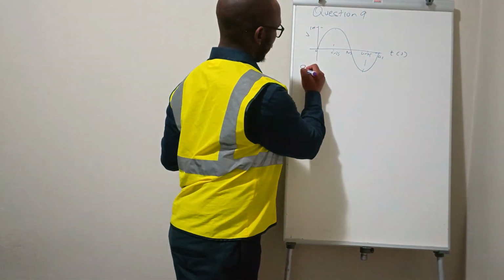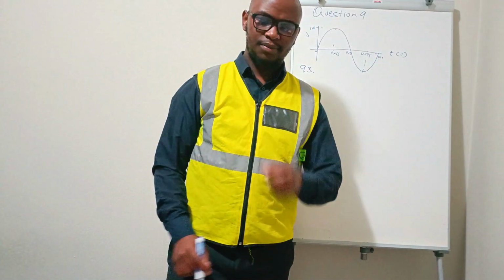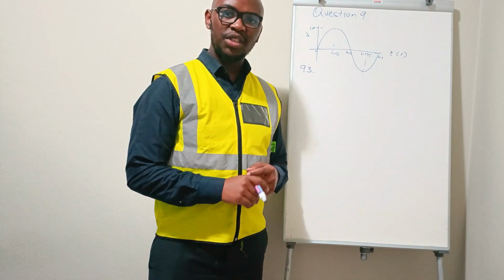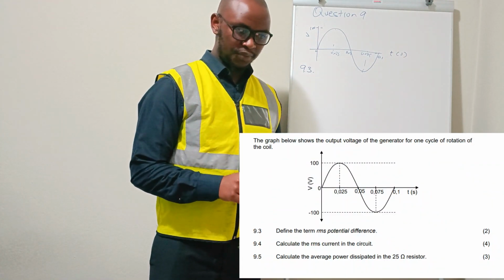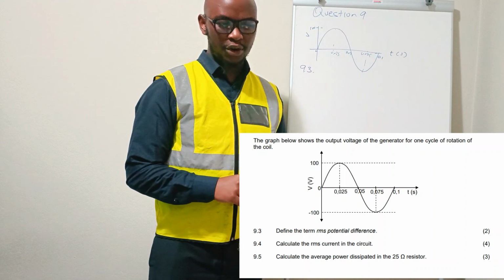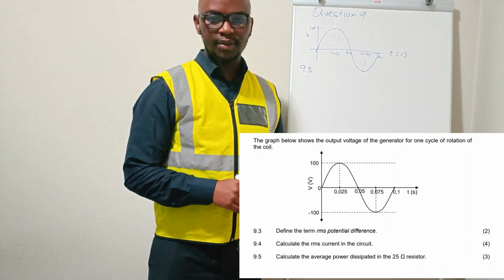Question number 9.3 is asking us to define the root mean square potential difference.